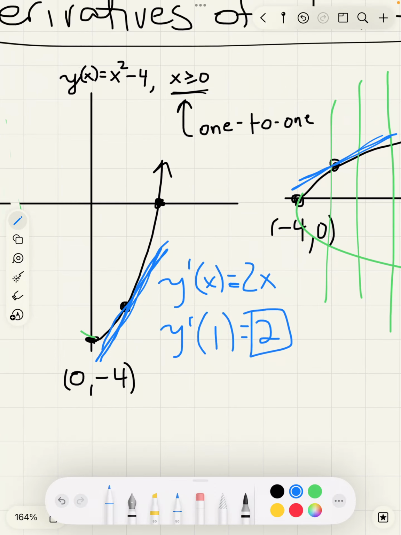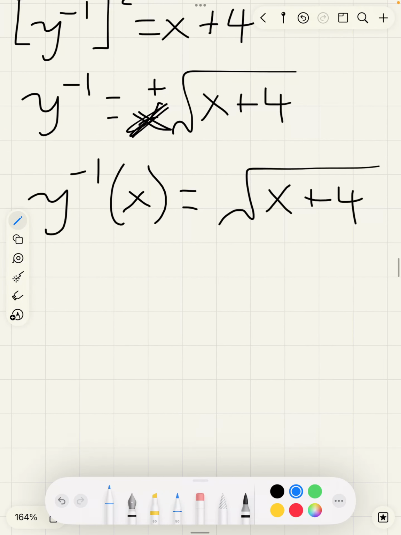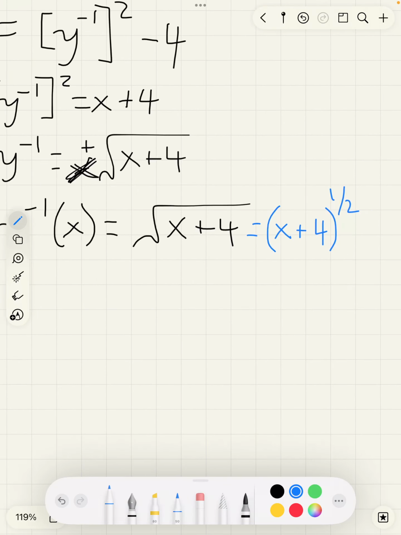Now with the inverse function, we know that it's defined as the square root of x plus 4. But remember, when we take derivatives, we want roots to be written as powers. So when I go to find the derivative of y inverse, we can use the chain rule.